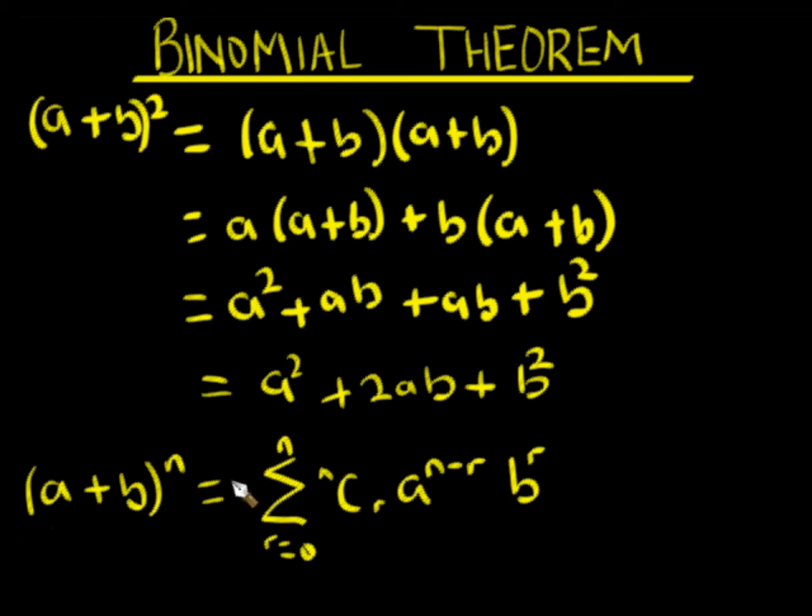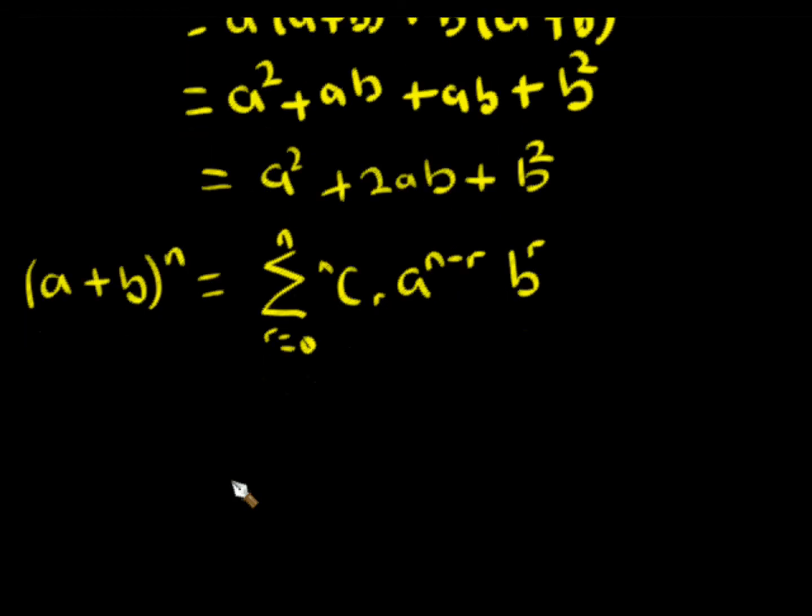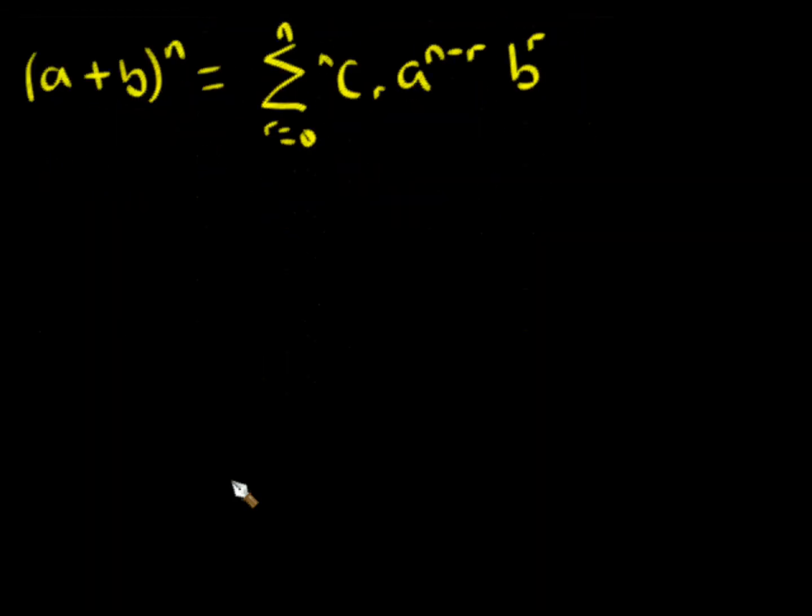Let's play with a few examples and see how it goes. Now, suppose we are given (a + b) raised to power 3. How do we handle this? Comparing with our formula, we see that 3 represents n.